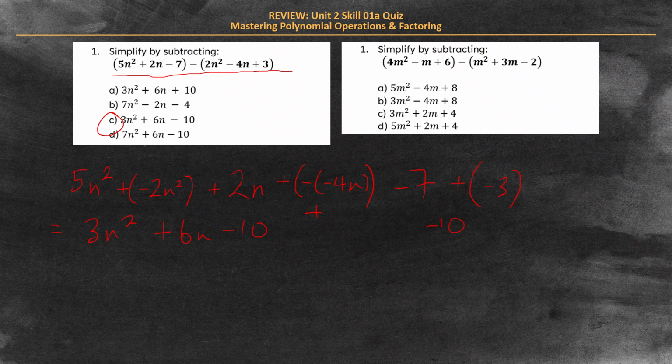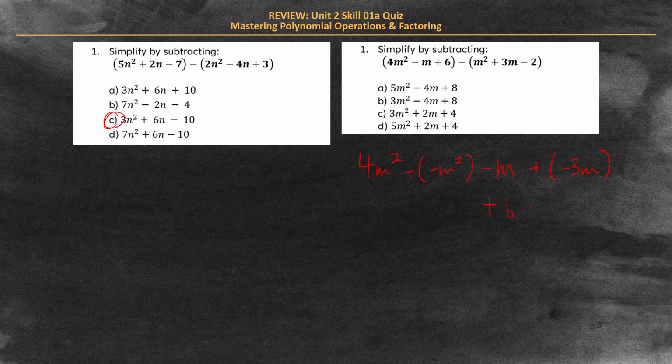Let me erase everything here. So number 2. We have 4m squared minus m squared, so 4m squared plus the negative m squared. Add the opposite, minus m plus the negative of 3m. And we have plus 6 plus the negative of negative 2.